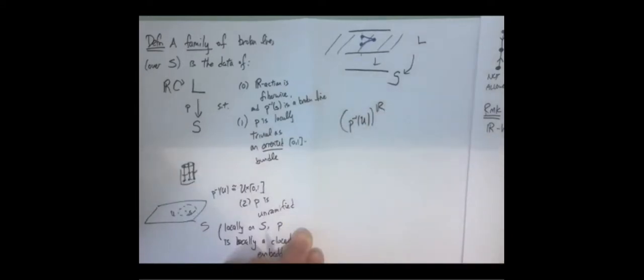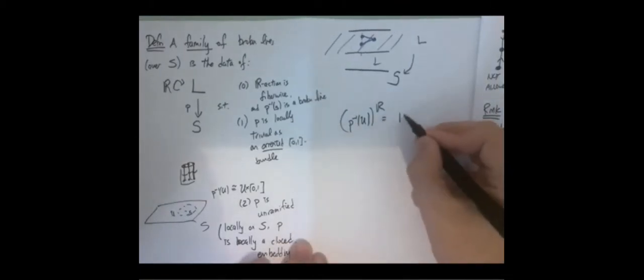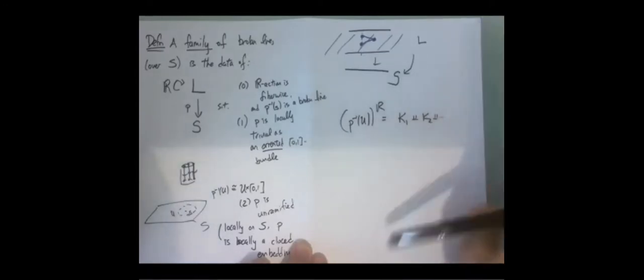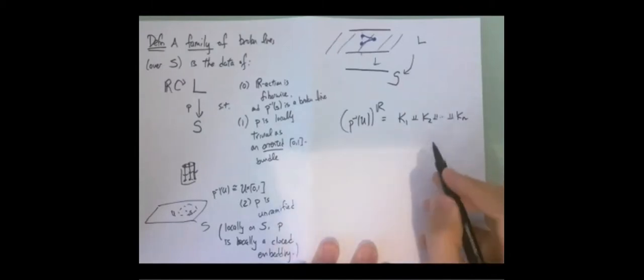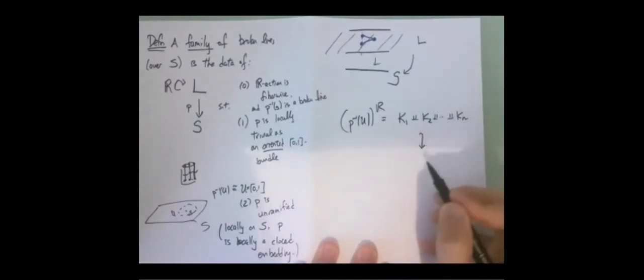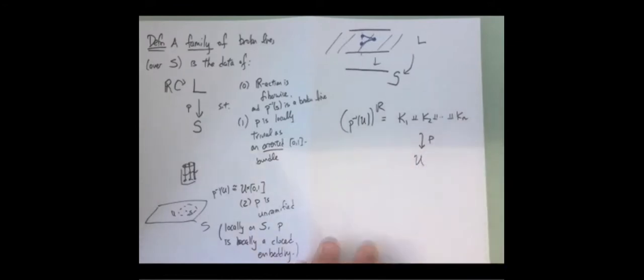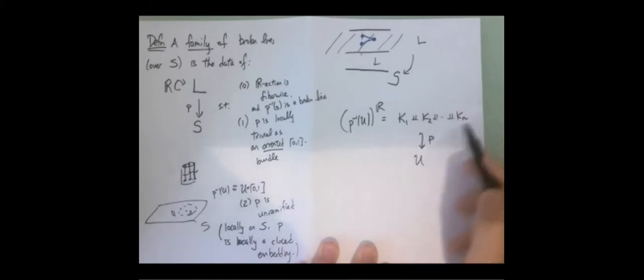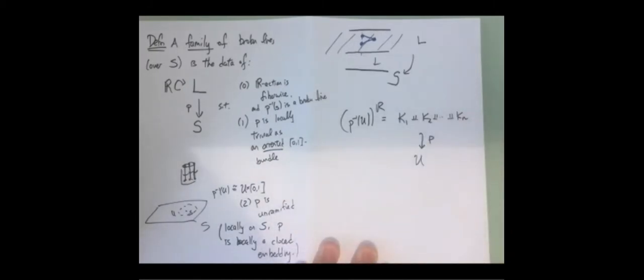What it means to be locally a closed embedding is that we can write this as a disjoint union of a bunch of sets, necessarily finite as it turns out. And I demand that the induced projection map to U, on each component, is a closed embedding. It turns out that this is equivalent to this unramified condition.